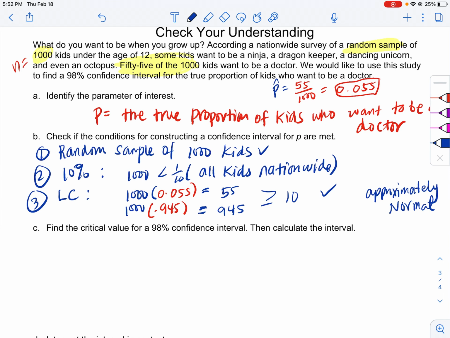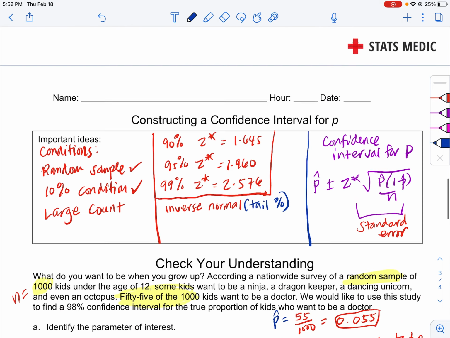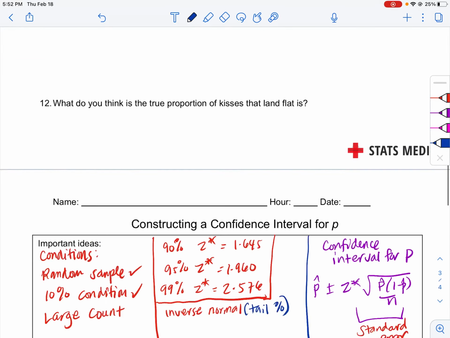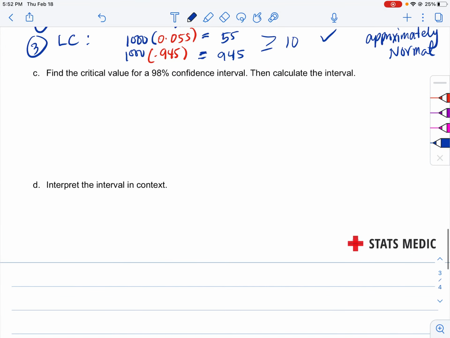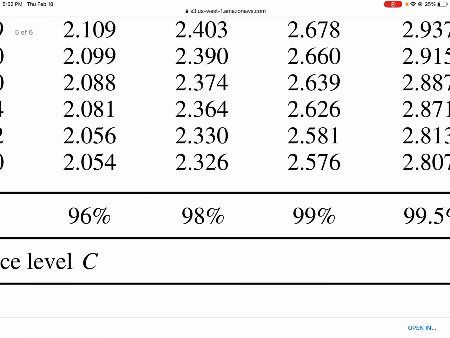Find the critical value for a 98% confidence interval, then calculate the interval. So critical value for 98, we don't have that over there on the top. So what we're going to do is use our table, and we do 98%, that is 2.326.